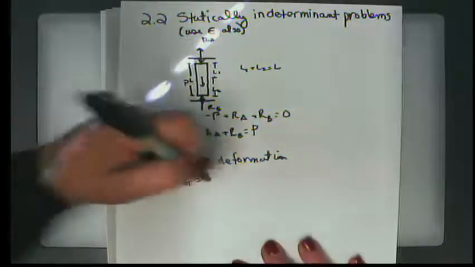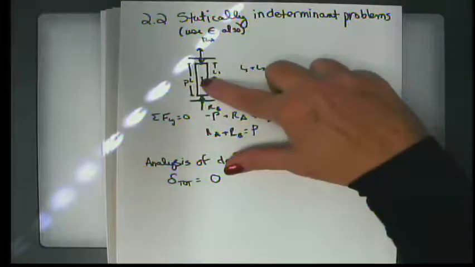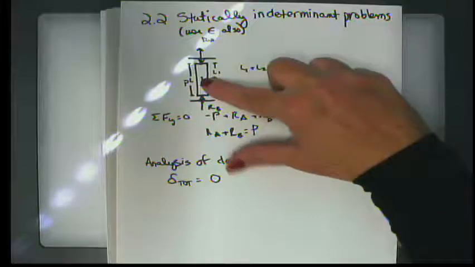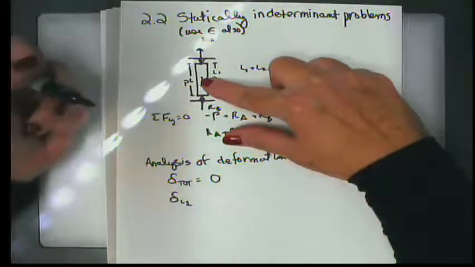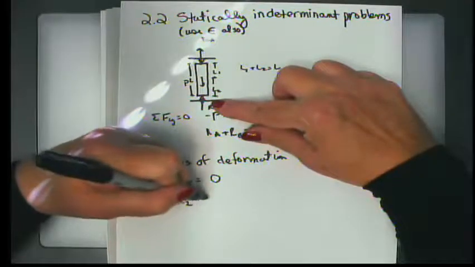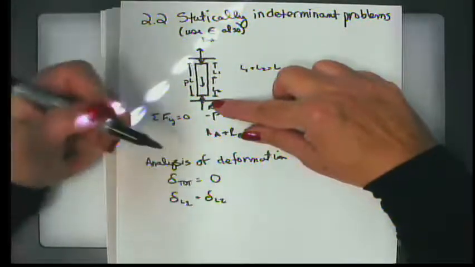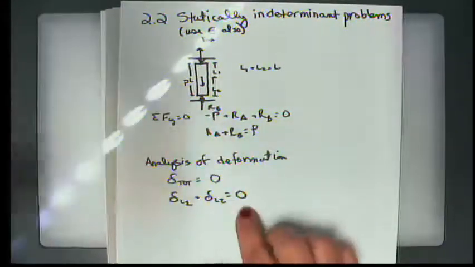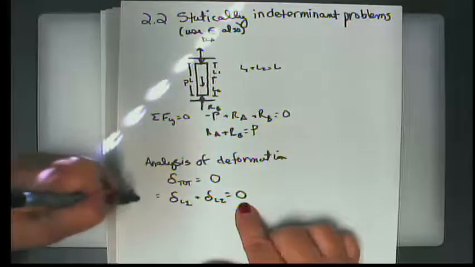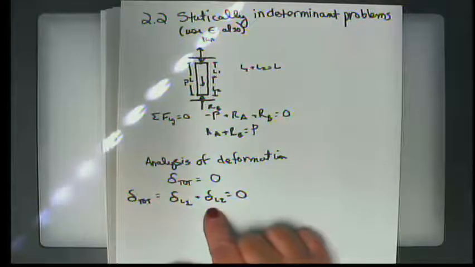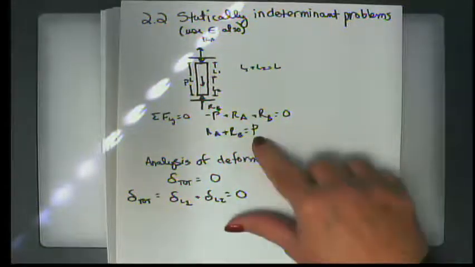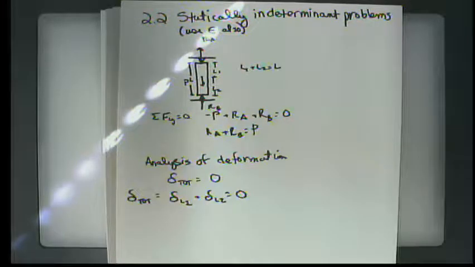So the total is equal to 0. Now, because we're pulling on it here, we may get a delta in L1, and we may get a delta in L2, but the sum of those two things is going to be equal to 0. Using this idea and knowing what those values are, and relating it back to the statics equation, we're going to be able to solve this.